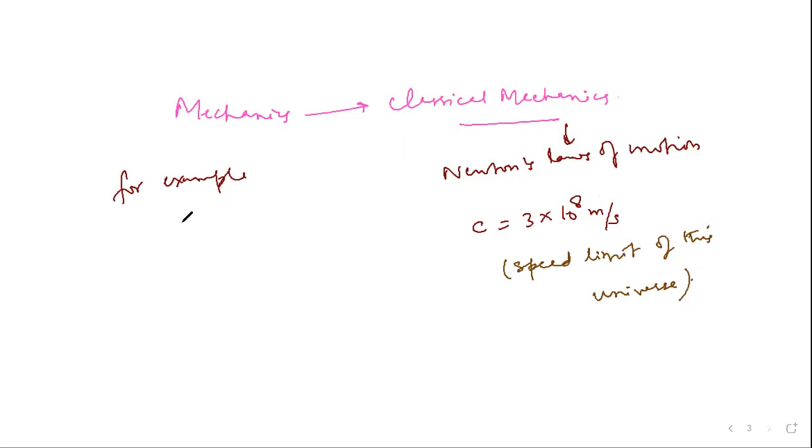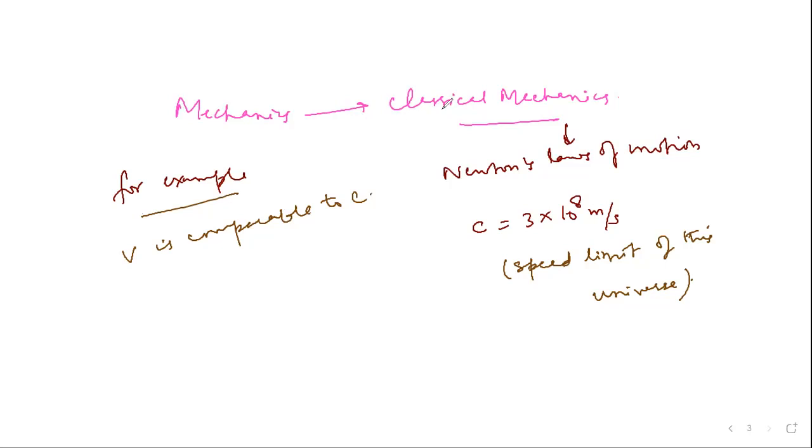Now, we're saying that classical mechanics, Newton's laws of motion, fail in certain situations. I'm specifying the situation. I'm taking the example: if the velocity of a body is comparable to c, that means a body is moving fast enough, its velocity is comparable to c, then Newton's laws of motion fail to make predictions about that body, right?